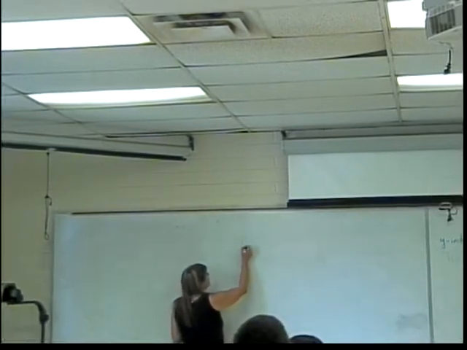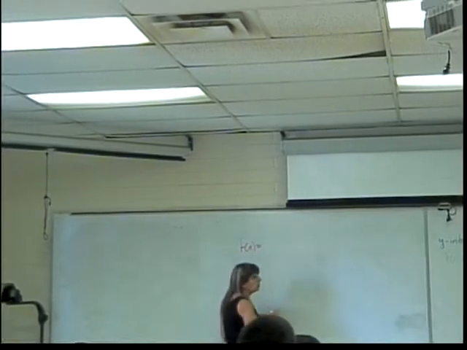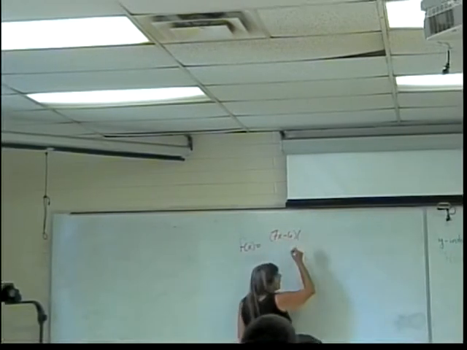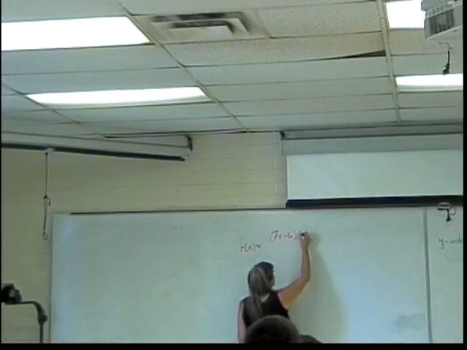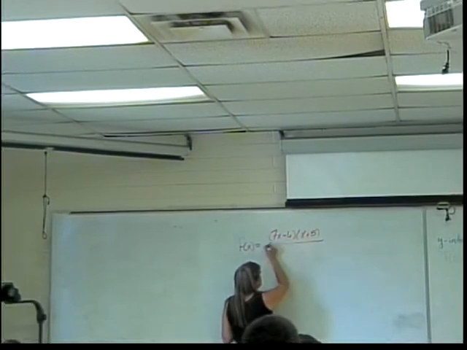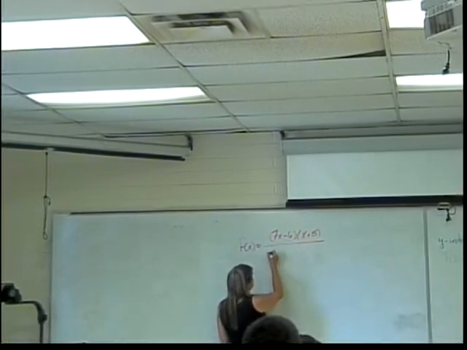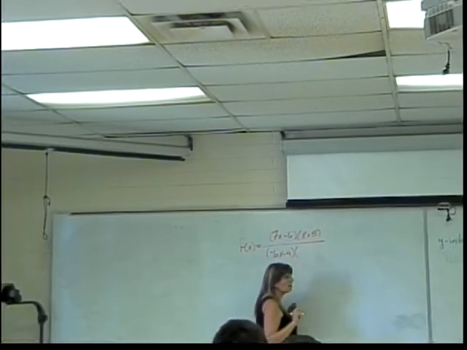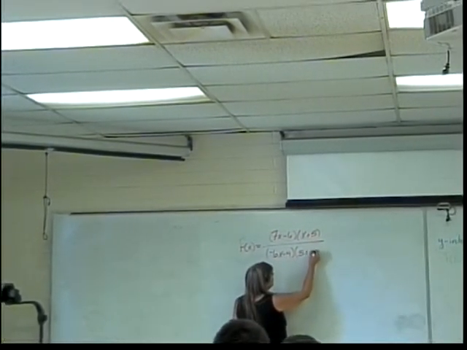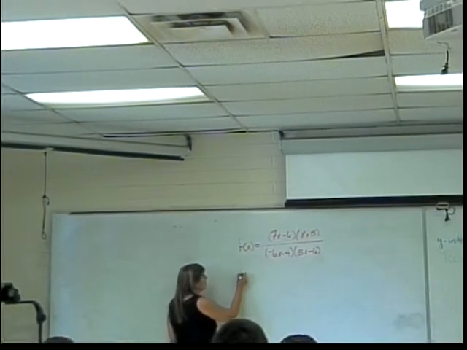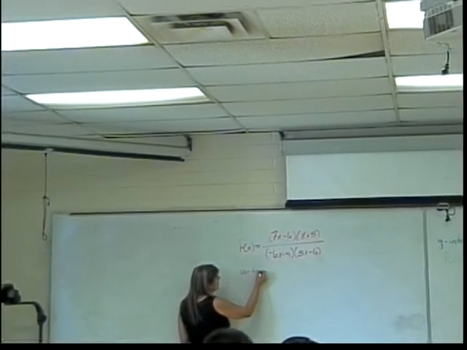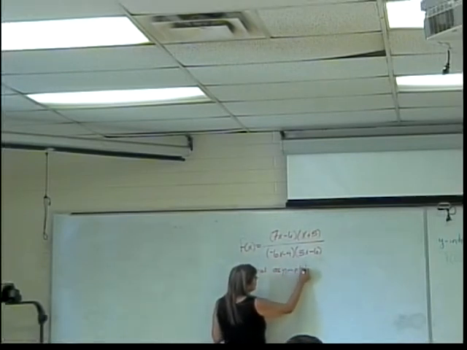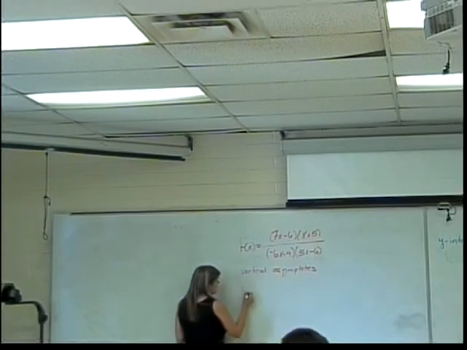F of x equals 7x minus 6 times x plus 5, all divided by negative 6x minus 4 times 5x minus 6. So you're supposed to find the vertical asymptotes, if there are any, and the horizontal asymptotes.